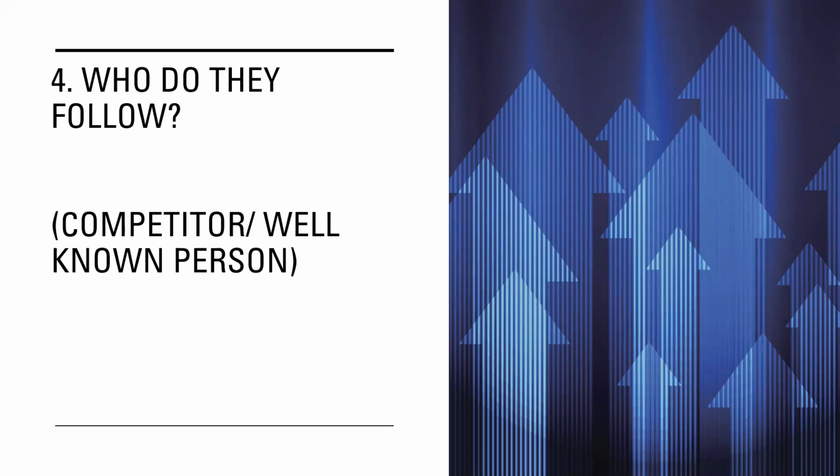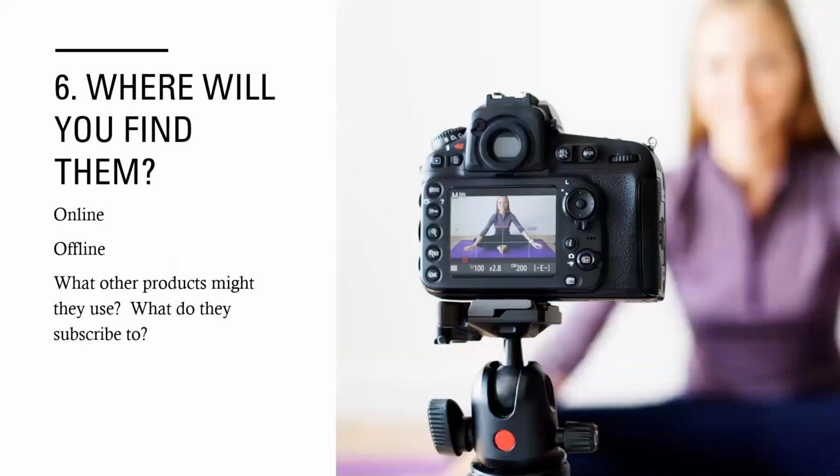So looking at who are the competitors in your field, work out 4 or 5 competitors, because they're probably doing a very similar thing. And where will you find them? There may be certain websites that you would anticipate them going to, certain niche areas that you would expect to find them in.